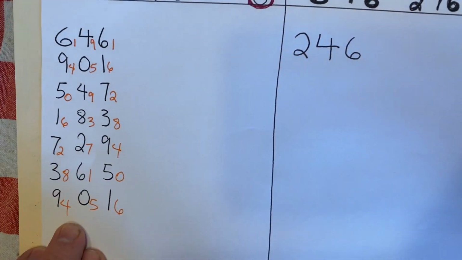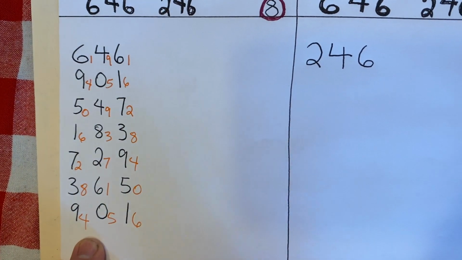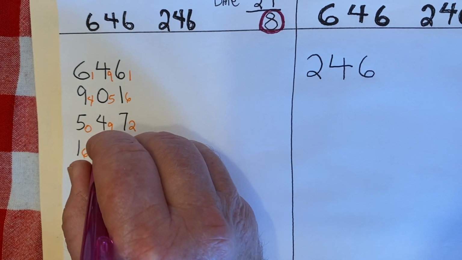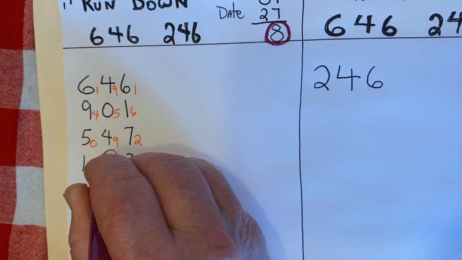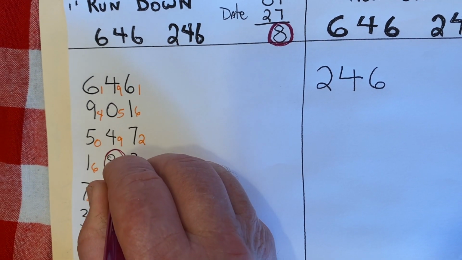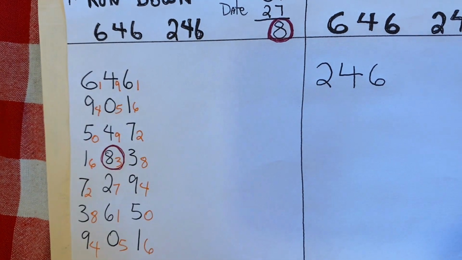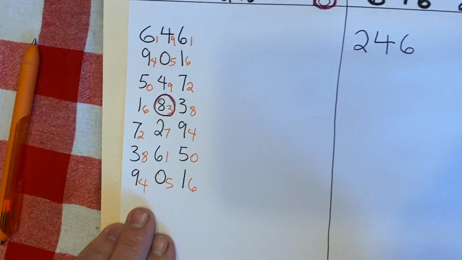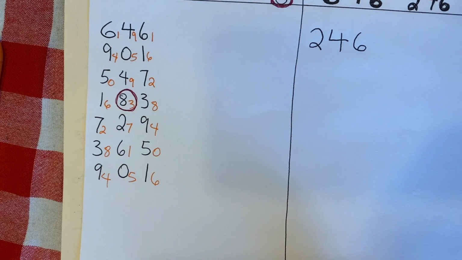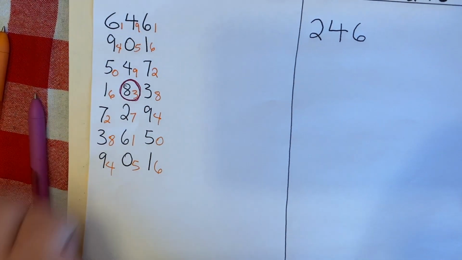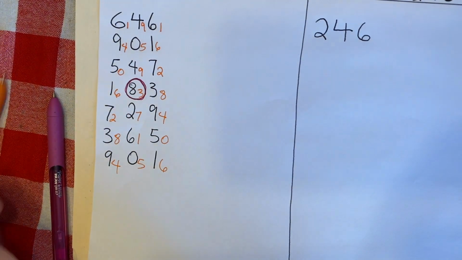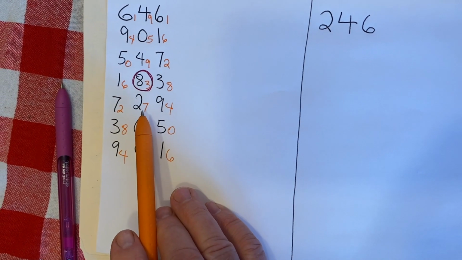And what we're going to do is we're going to circle that date number in a different color marker, in this purple marker, or pink. Okay, there's an 8. That's the only 8 we have. Okay, then we're done with this chart right here on the 646.